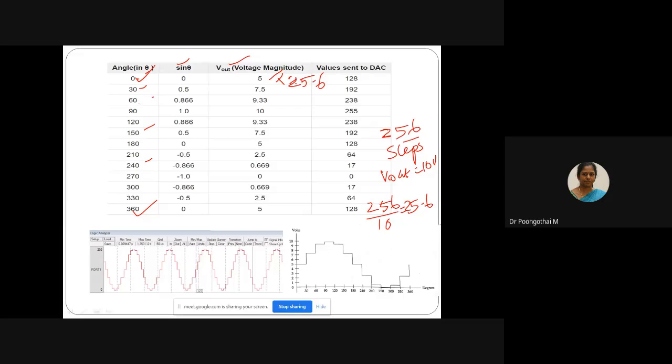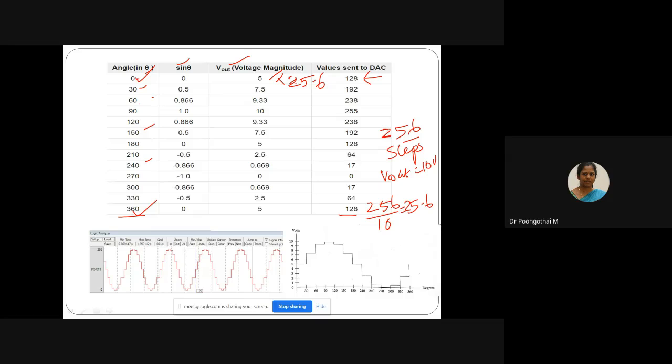We have calculated the Vout voltage. Multiply 5 by 25.6, you will get this value, 128. Likewise, you have to calculate values up to 360 degrees.